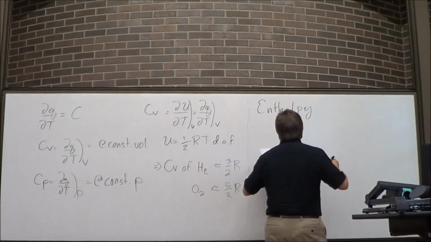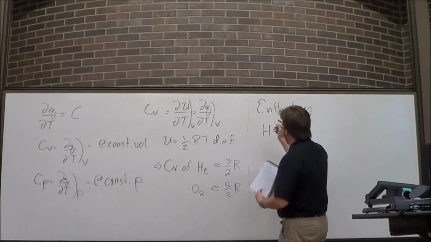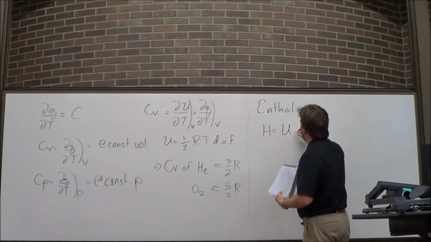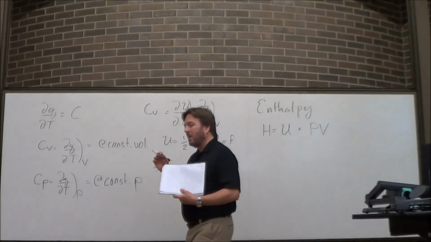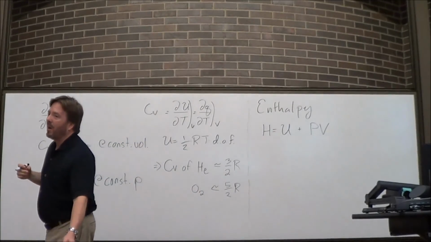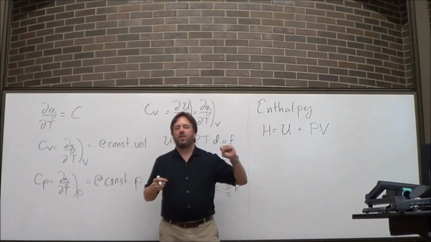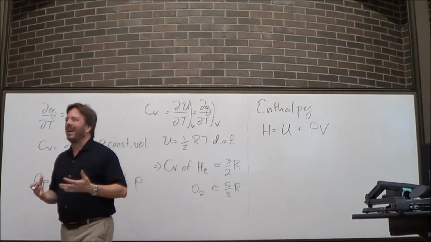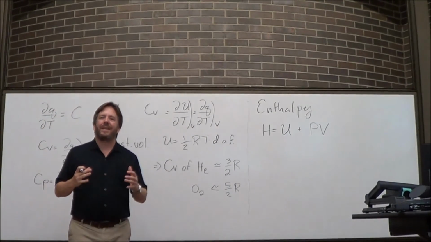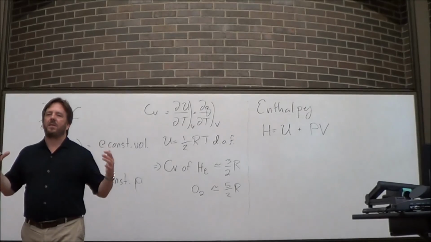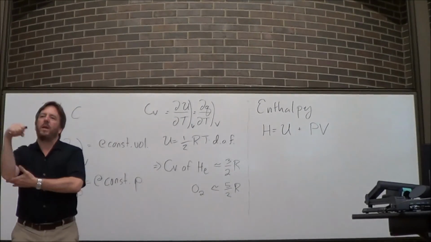Okay, so, here, how about I just write it out? H, enthalpy, now not the change of H, I'm going to get to that in 2 seconds, is U plus PV. Now, if you recall when watching the videos, or just remember, I said that U is the energy a molecule has, but what I'm missing is a collective energy, the energy that a whole mole of gas has to make the car piston expand, which then is turned to a camshaft, and that's how you turn a wheel, right?